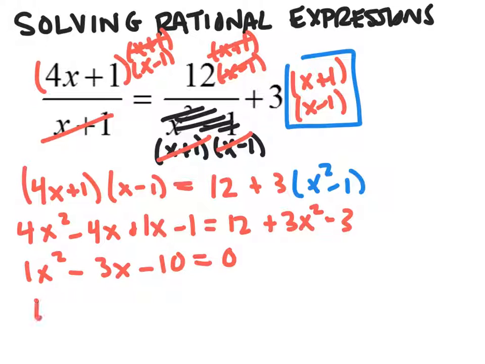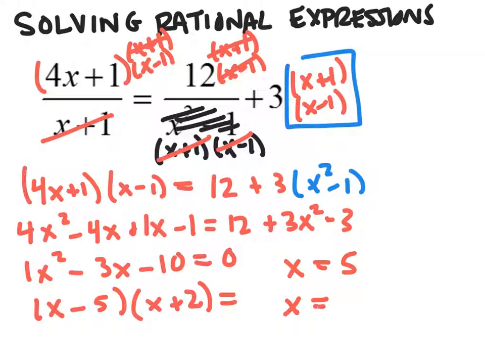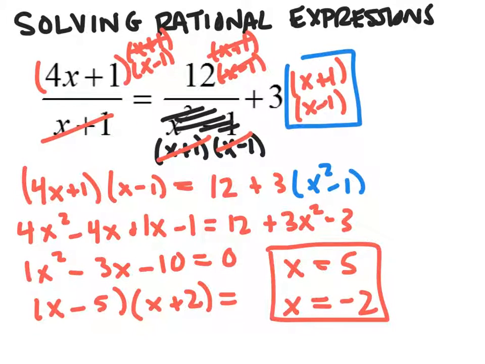Now this provides an opportunity to factor: two numbers that multiply to negative 10 but add to negative 3 are negative 5 and positive 2. And there are our two answers, x equals 5 and x equals negative 2. So there are actually two solutions to this particular problem. One thing that you always have to check for is to see if these values run into any conflict back in the original.